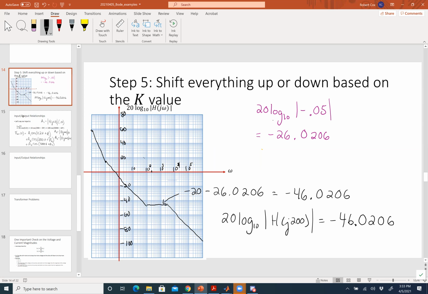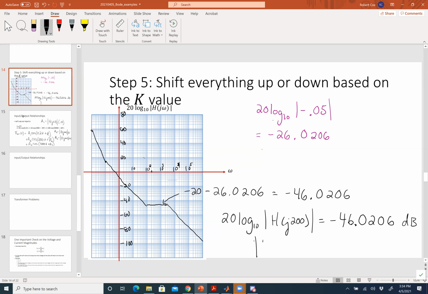Any questions about what I did there? Okay. So if I want to find the actual magnitude, I've got to get that out of the dB. This is negative 46.0206 dB, so I divide both sides by 20 and raise the result to the power of 10.